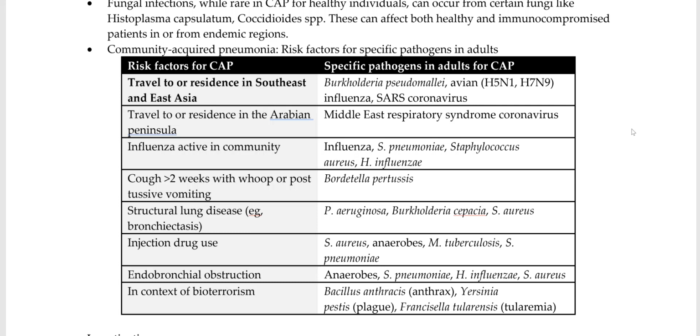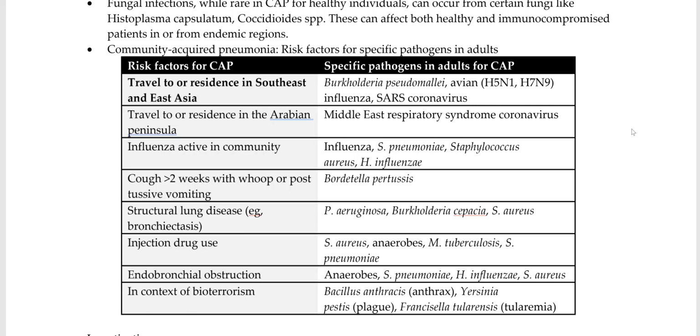If person is suffering from some kind of structural lung disease, for example, bronchiectasis, then you should look for Pseudomonas, Burkholderia, Serratia, or Staphylococcus aureus. If person is an injection drug user or IV drug user, then you should look for Staphylococcus aureus, anaerobic bacteria, Mycobacterium tuberculosis, and Streptococcus pneumoniae.